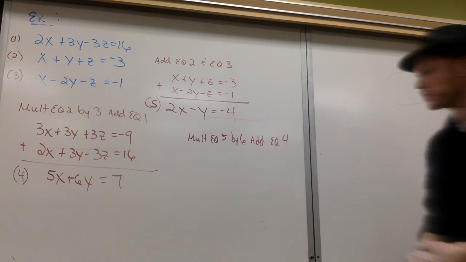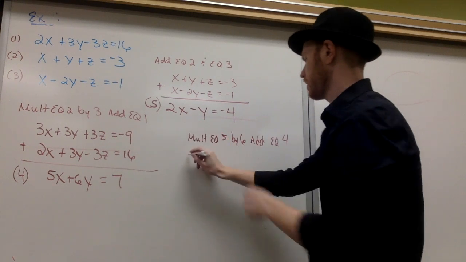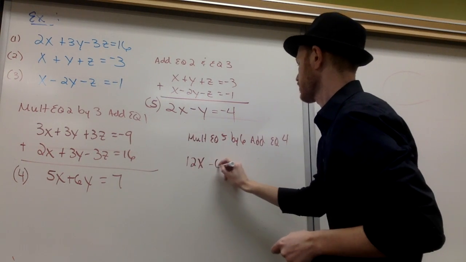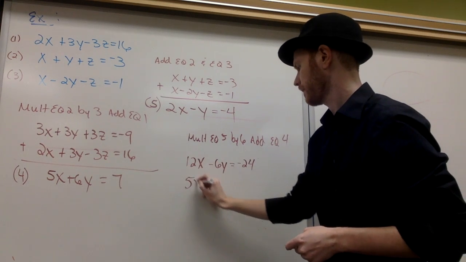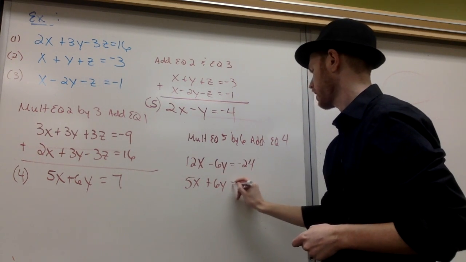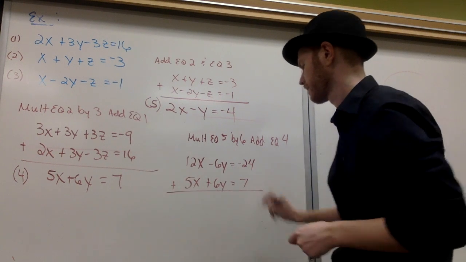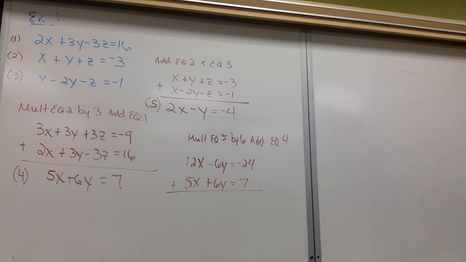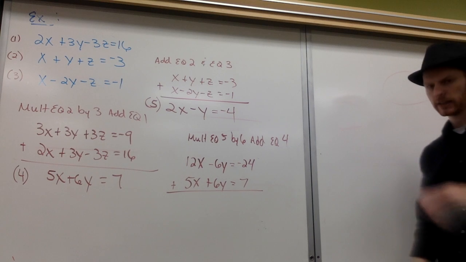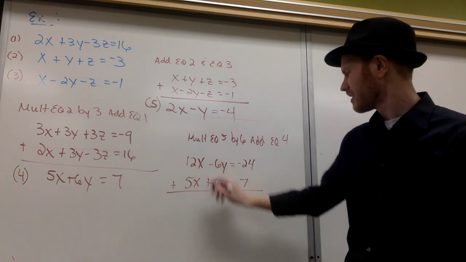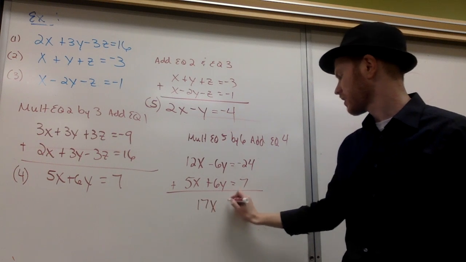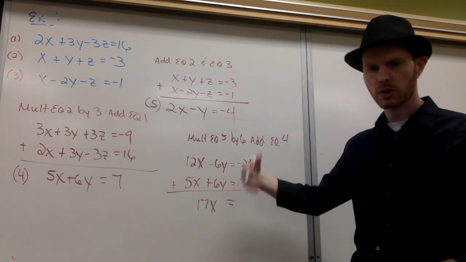Okay, so let's do that. So let's see, this is going to be a 12x minus 6y equals negative 24, and this will be a 5x plus 6y equals 7. Okay, now if I did this correctly, the y should cancel. That's the goal, and I think I do. So this would be 17x, negative 6y plus 6y is 0.